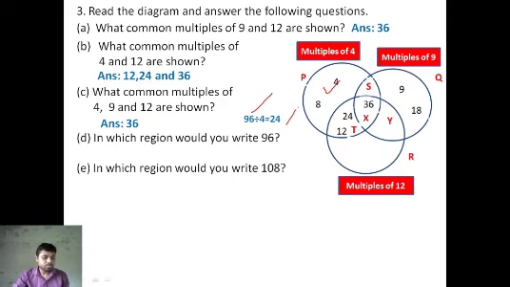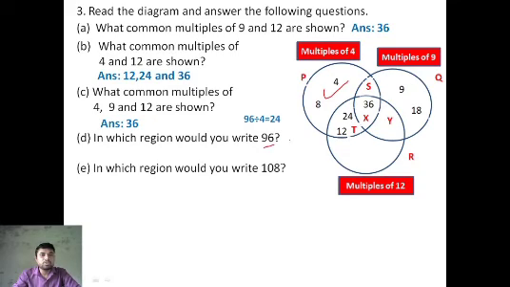Now, is 96 a multiple of 9? Just count the table of 9. 9 nines are 81, 9 tens are 90, 9 11s are 99.